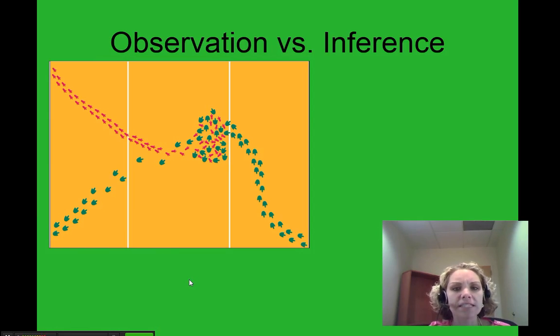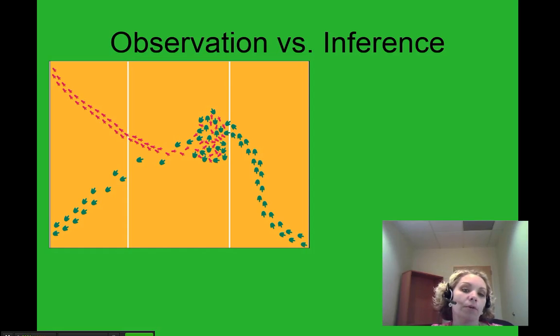So you have to remember, what's the difference between an observation and an inference? With an observation, you're purely using your senses. So for instance, I see red markings and blue markings. I see them coming from two different directions, and I see them come together, and I see just the blue markings leaving. Well, if I also would like to make inferences, I'm going to use my prior knowledge.